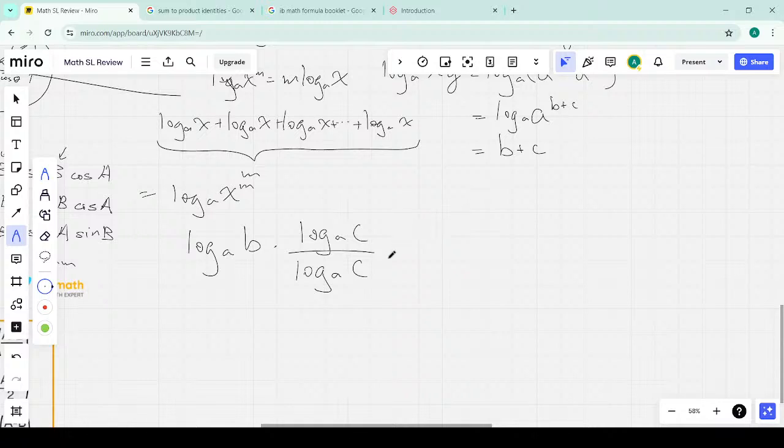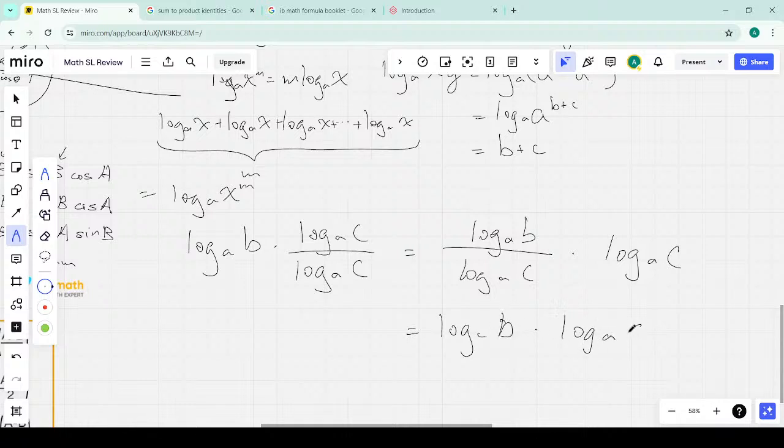So you're multiplying by 1. And so what this would give is log a of b over log c of a times log c of a. Now, when you get this sort of thing, the log a essentially cancels out, so this turns into log c of b times log c of a.